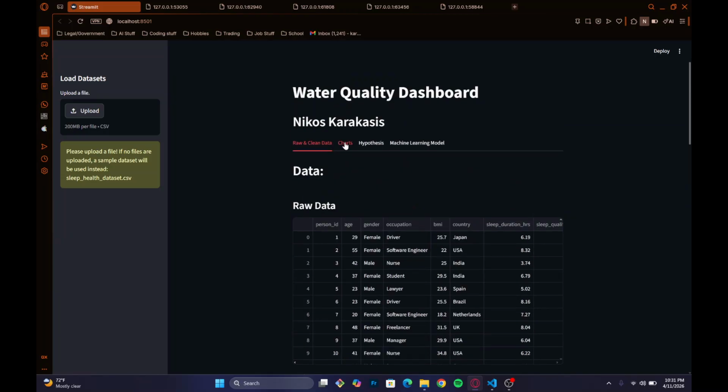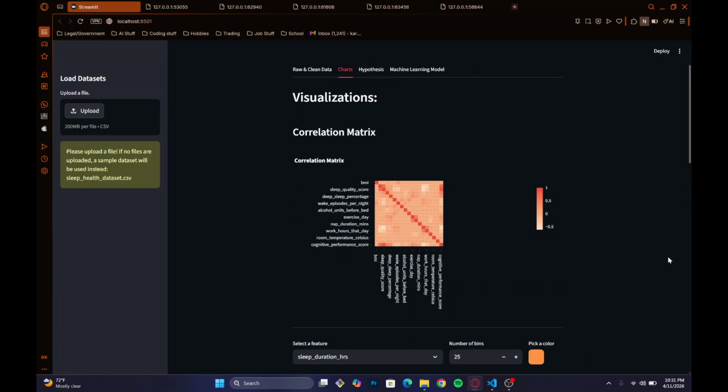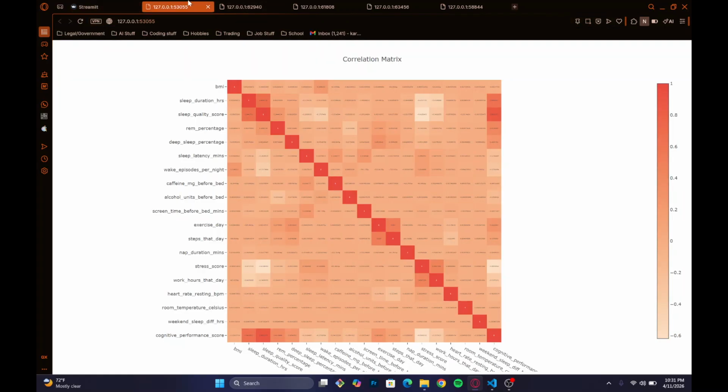Now, I wanted to visualize this, and so I decided to use a correlation matrix to see if I could find some correlations. Now, here are different tabs with a multitude of different kinds of visualizations. So the redder something gets, the stronger of positive correlation it has with another factor, right?